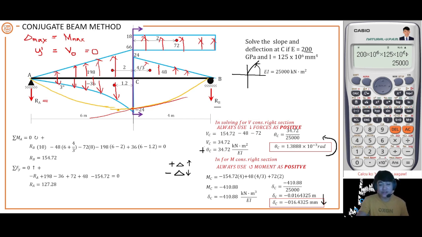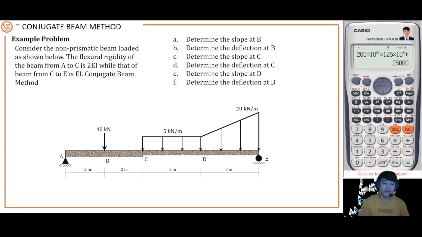Okay, anyway, let's have another problem. So this problem is a non-prismatic beam. So we will try to solve this using the conjugate beam method. When we say non-prismatic beam, it actually has a varying area, okay, so a varying cross section.